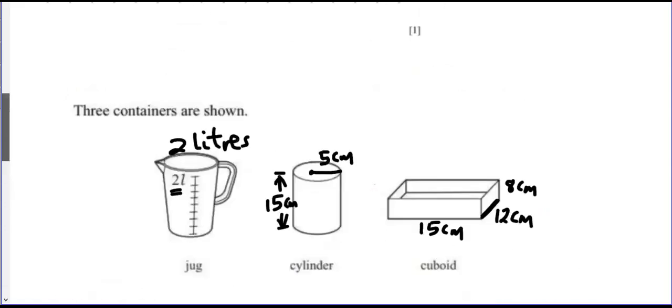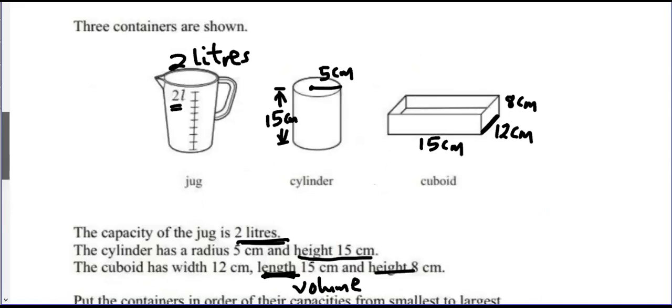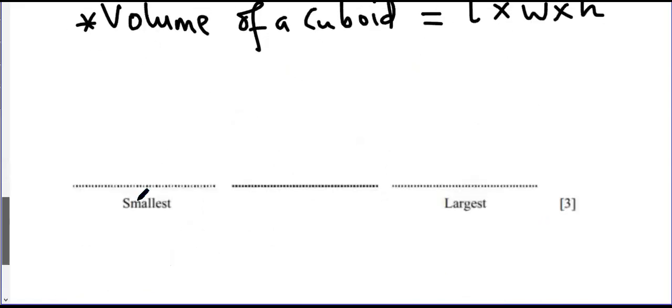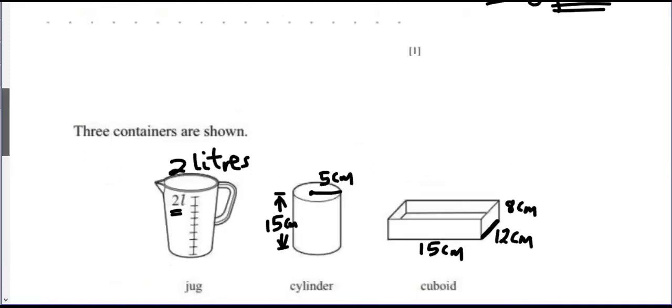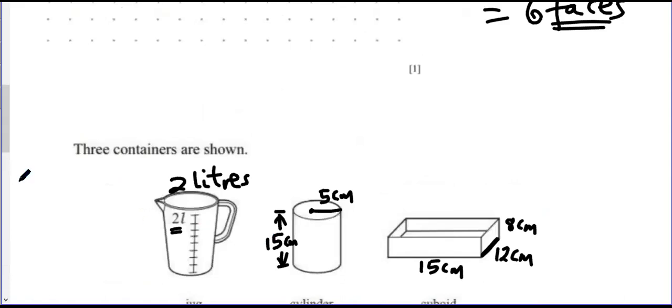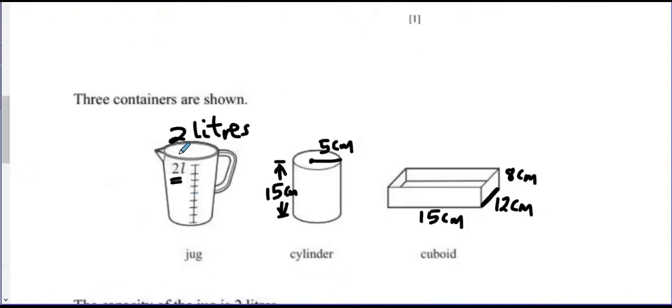Okay, let me start with the volume of a cylinder so that I can know which one will be the smallest and which one will be the largest. Let me start with the volume of a cylinder because the volume of the jug is 2 liters.